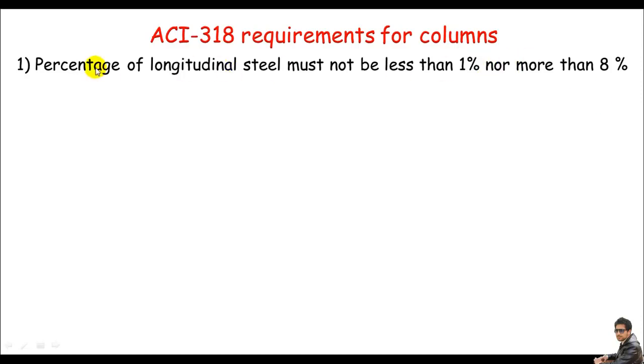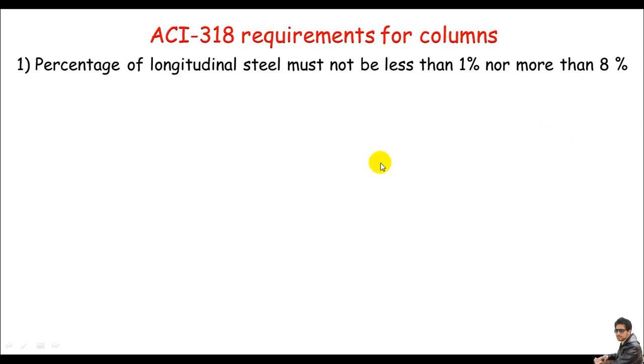The percentage is taken of the gross cross section area of the column, right? Which means AST must not be less than 1% of the gross cross section area, and AST must not be greater than 8% of AG, or gross cross section area.